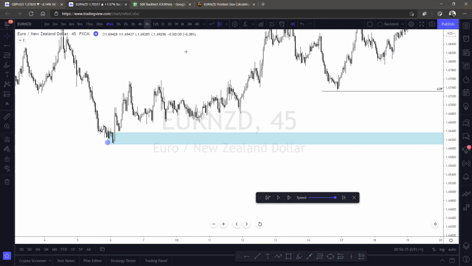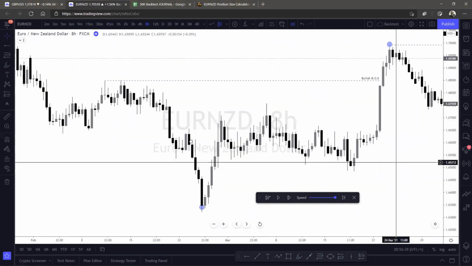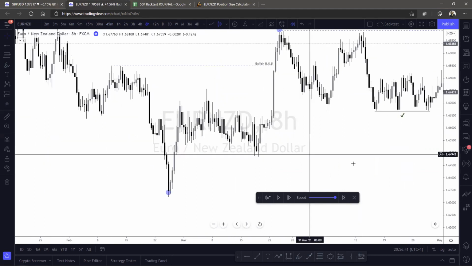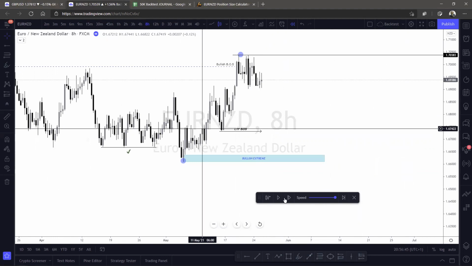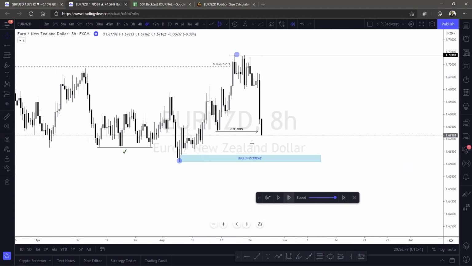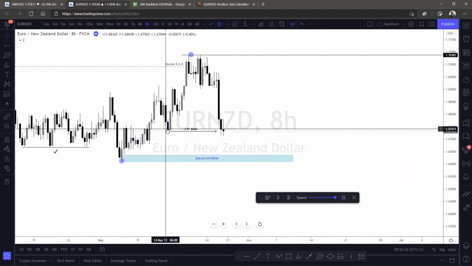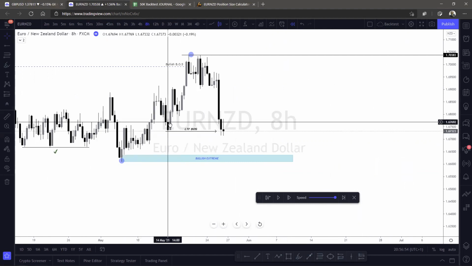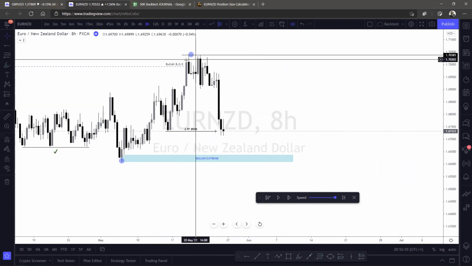No, let's find out where price came into. Okay, so price came into this area here, is it? Yeah, so for me that would have been mitigated already. The other last point would have been this one here, but we can see price trading right through it. And this was the slingshot creating that new high.